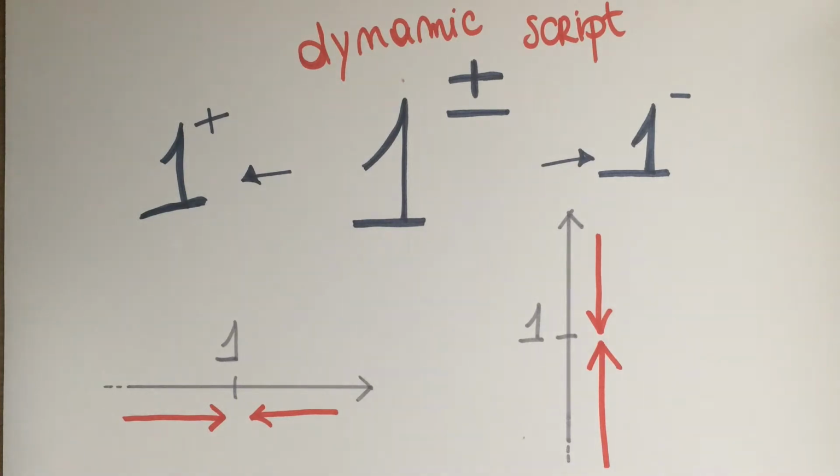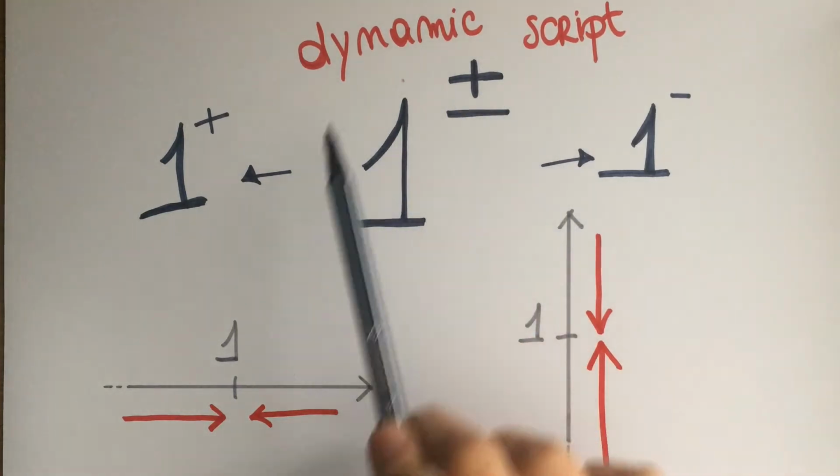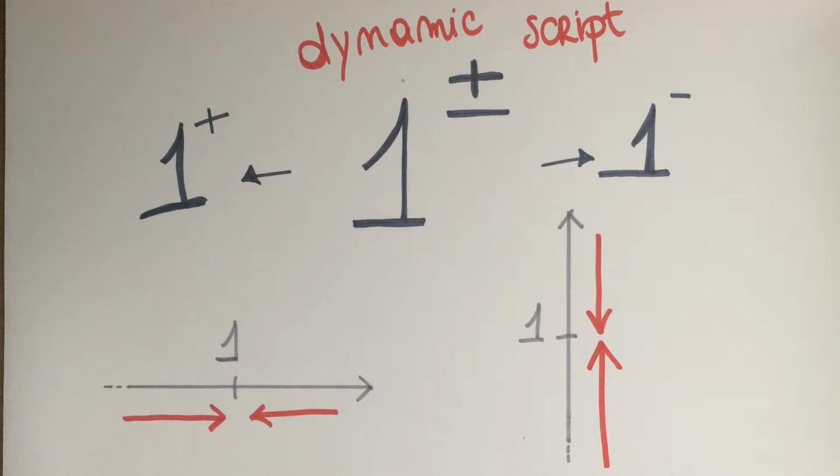On the other hand, let's now analyze this dynamic writing. First of all, it has to be said that a dynamic script identifies a movement and not a specific point. So, in order to get a better understanding of this writing, let's consider once again a conventional oriented line like this one.